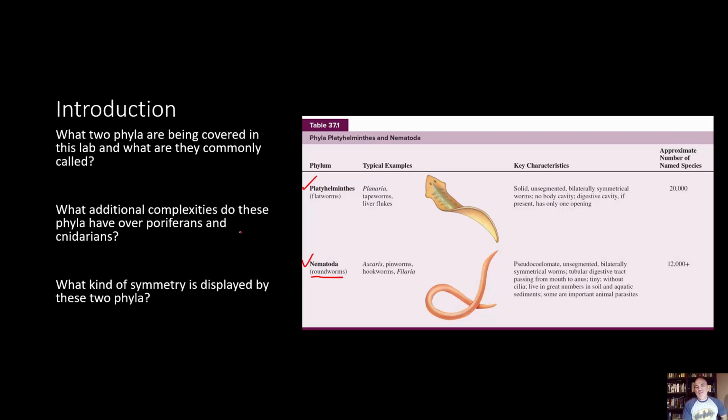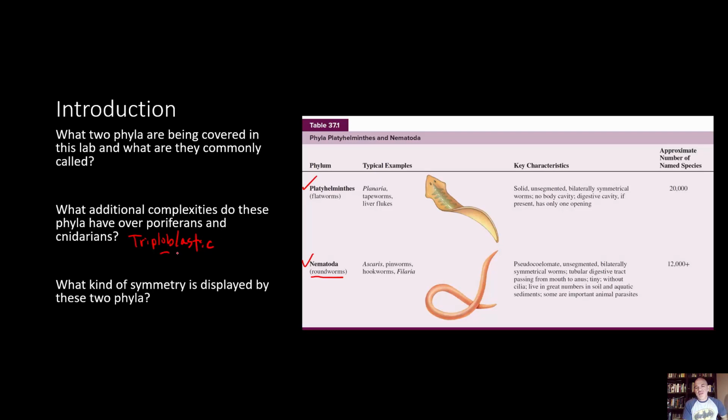And when we look at what additional complexities these have over poriferans and cnidarians, first of all, these guys are going to have 3 germ layers, embryonic layers, so that's triploblastic. And that means that all the tissues arise from 3 layers.